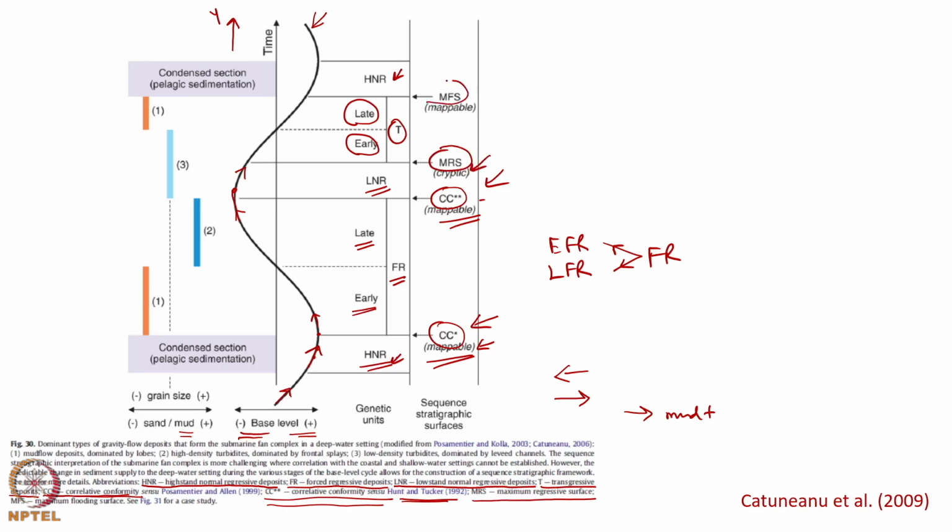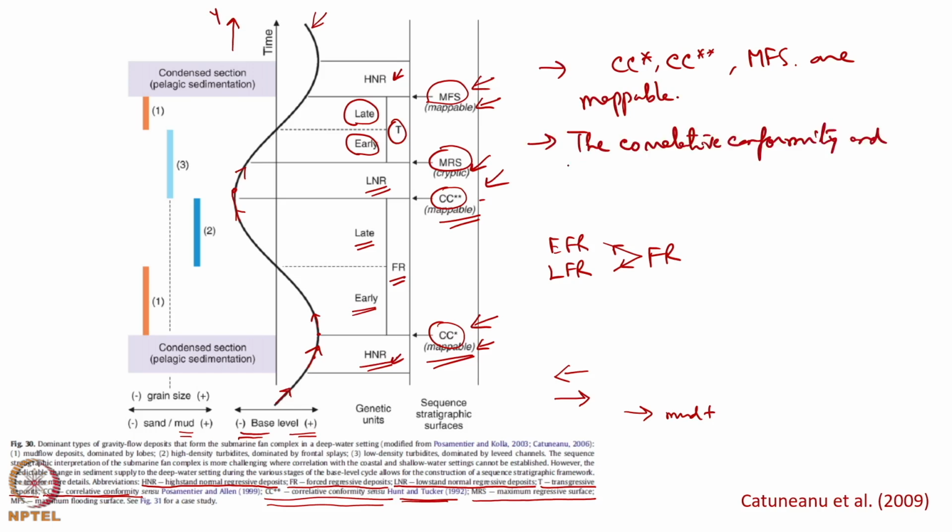MFS is the maximum flooding surface, important, and mappable. So, what are the things that are mappable here? CC star, CC double star and MFS are mappable. In other words, writing in full form, the correlative conformity and the maximum flooding surface are mappable.